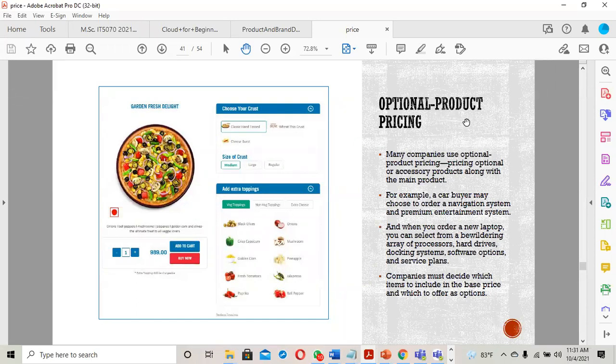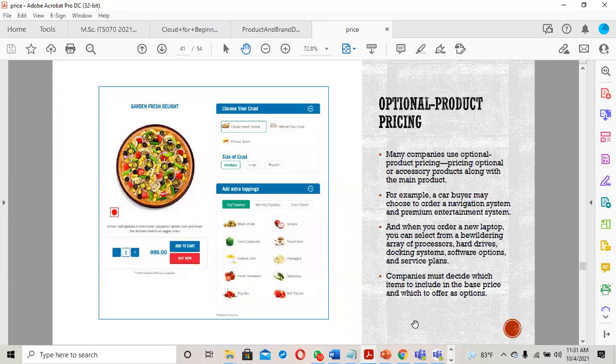It's optional product pricing. So many companies use optional product pricing. So they give you a couple of options to add some more. Okay, why don't you just add this one, okay? And if you go to a website like Lenovo, I mean, in Sri Lanka, I think Lenovo does not have a very good reputation, but when I was in the US and I ordered a Lenovo laptop, I could just go to the Lenovo website and customize the product according to my needs.